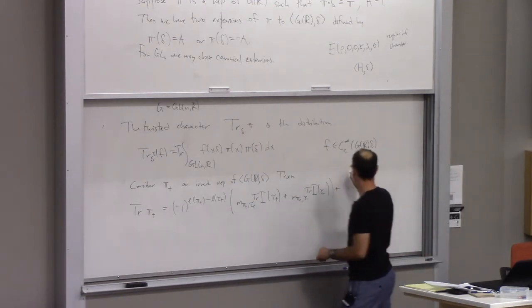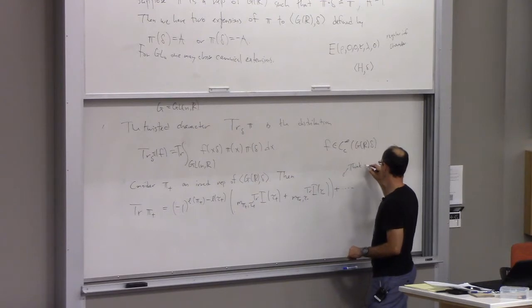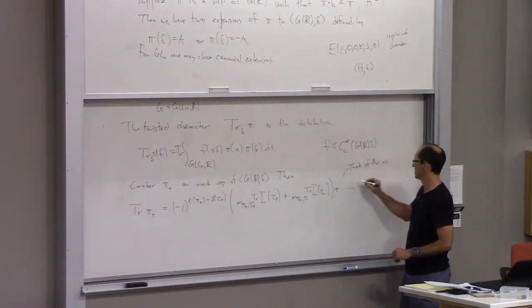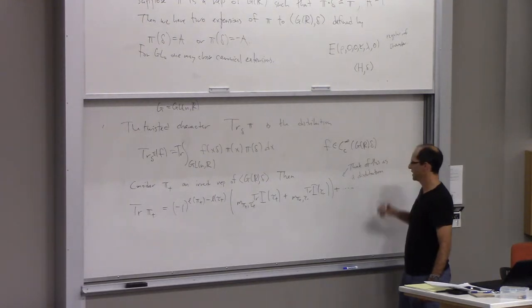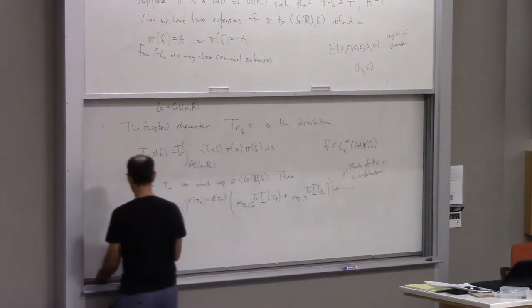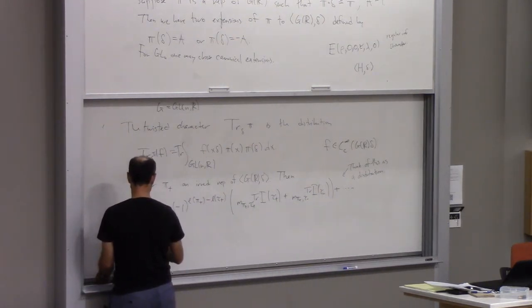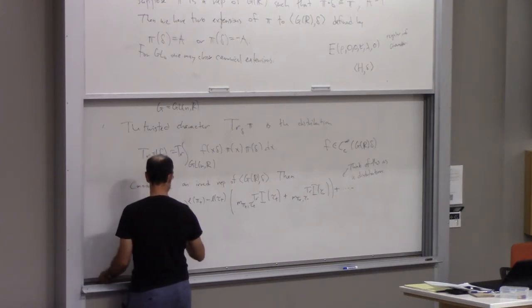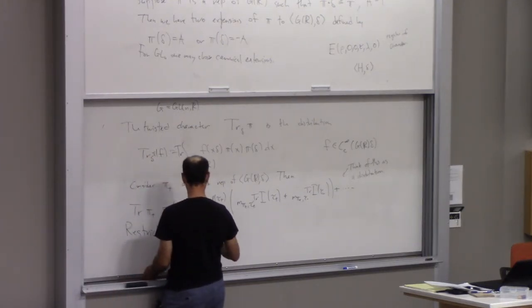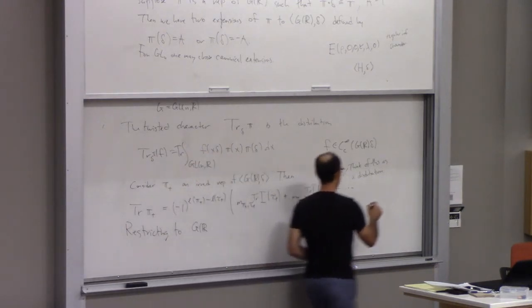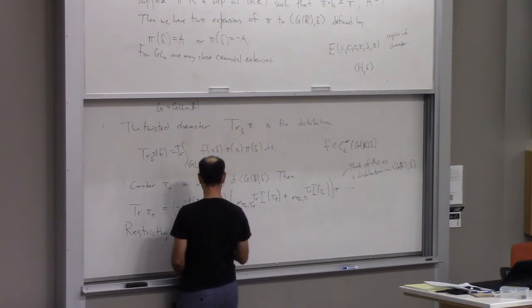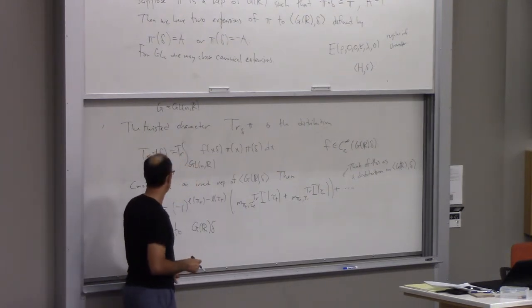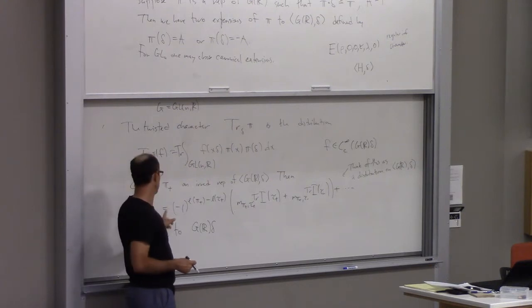So think of this as a distribution, restricting to G R, I should say where this is, on G R, comma, delta. So if I just restrict to the non-identity component, then we get something like this on the left-hand side.